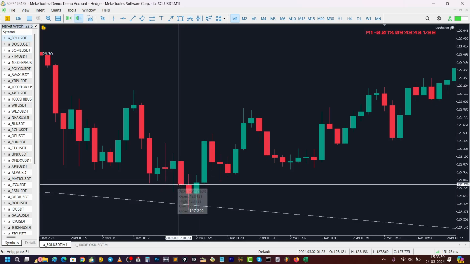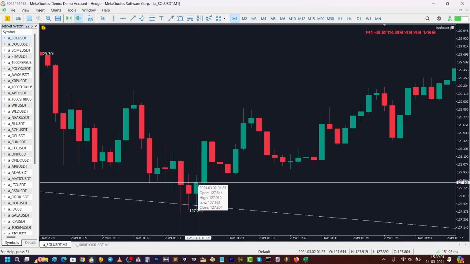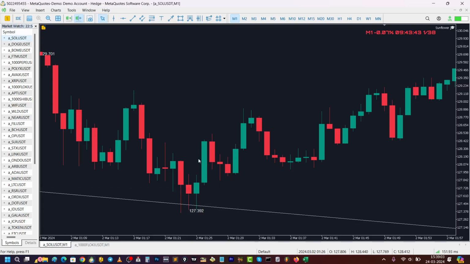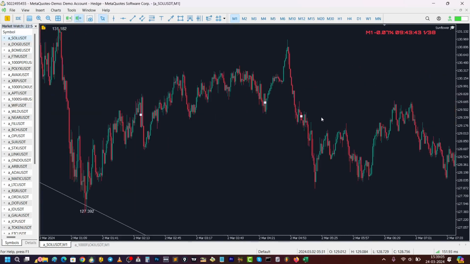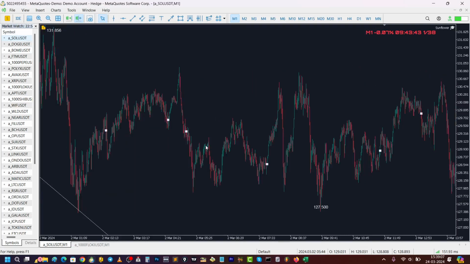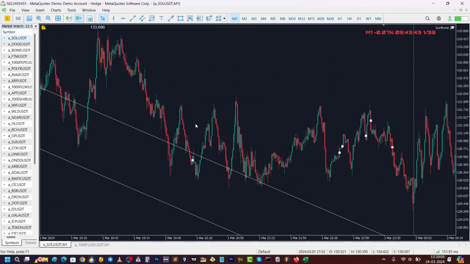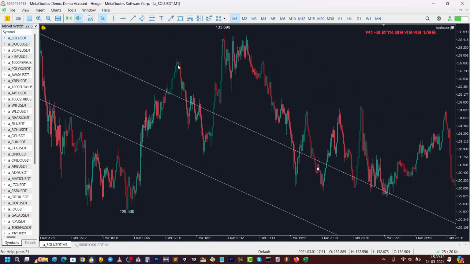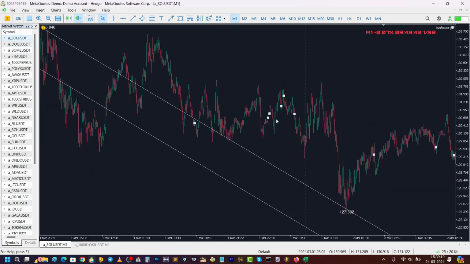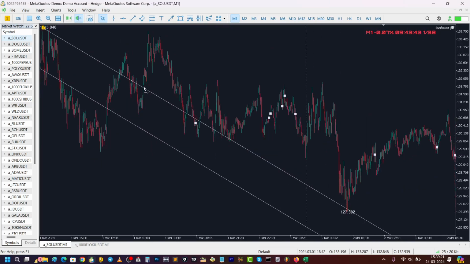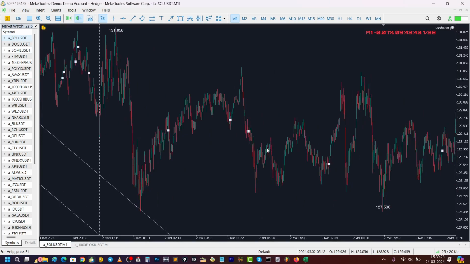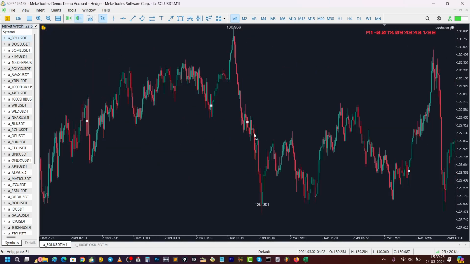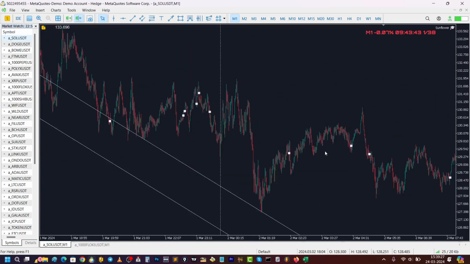Here you see the candle body is breaking above, and after that there is a bull candle, so that's why price actually jumped. Okay, so usually you do not buy exactly at the breakout. After that you look for a bullish candle pattern, and if you trade this trend line like this, you are going to be winning in most conditions and losing only a very small amount of the time.